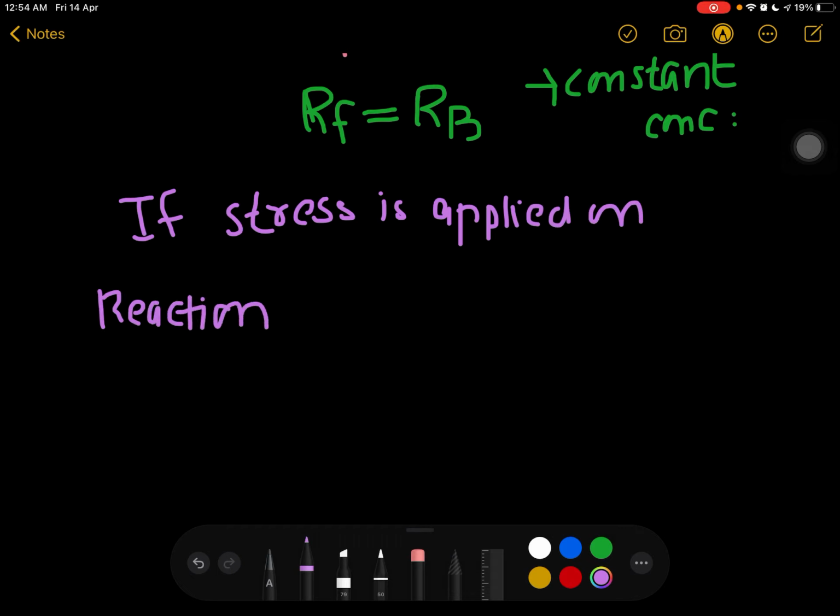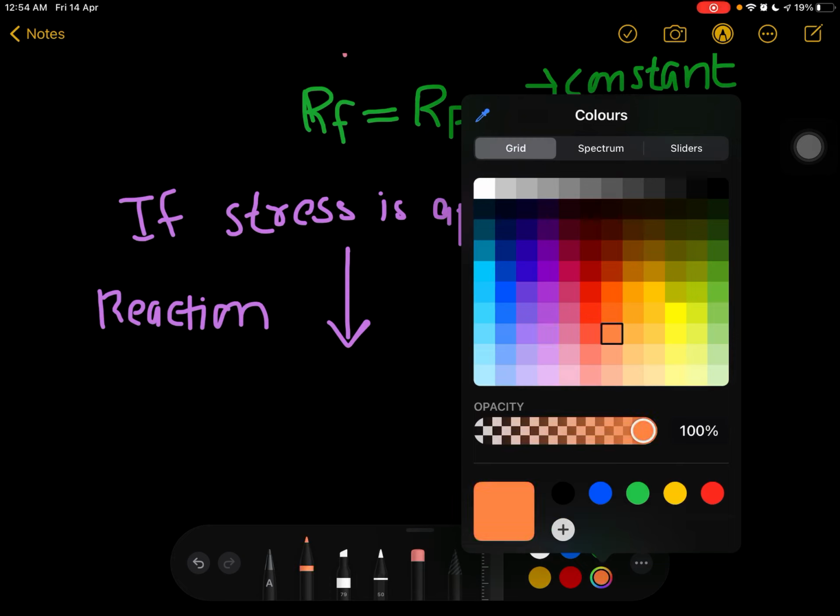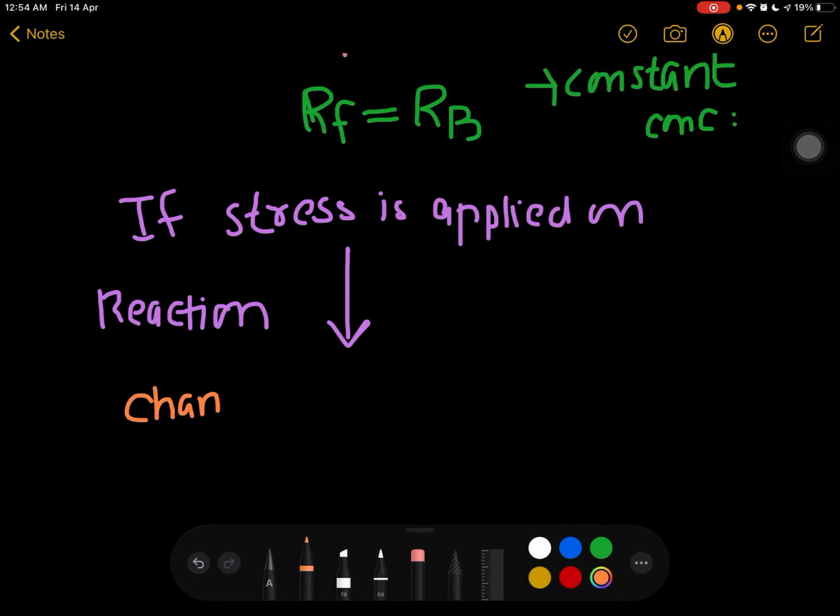If we increase or decrease, we can write here change in concentration, pressure, temperature, or catalyst. If we apply a stress on the reaction, this stress can be in any form by changing the concentration, pressure, temperature, or catalyst.